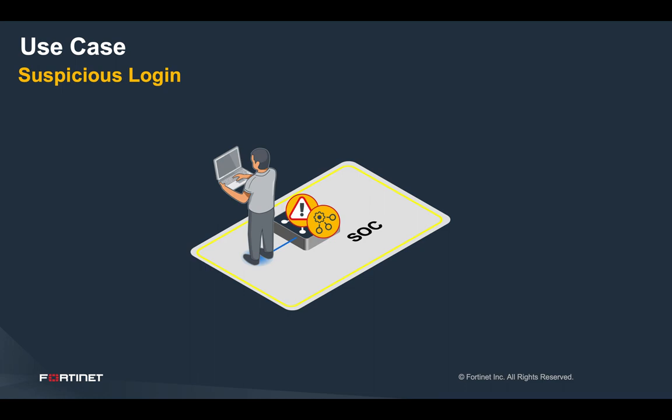Based on this, the security analyst now will decide what action he wants to take. So, for example, if it turns out to be malicious, he might need to block that IP on the firewall. He might need to create a specific policy to block that IP on the firewall.